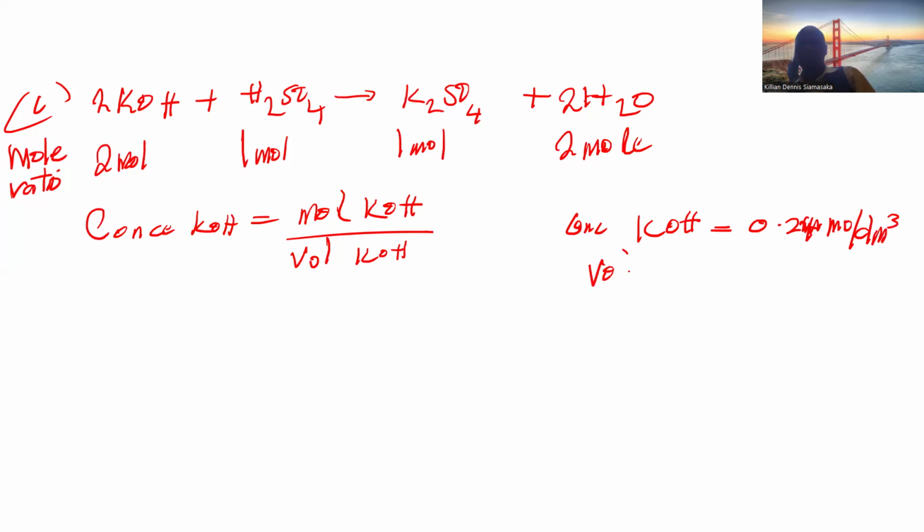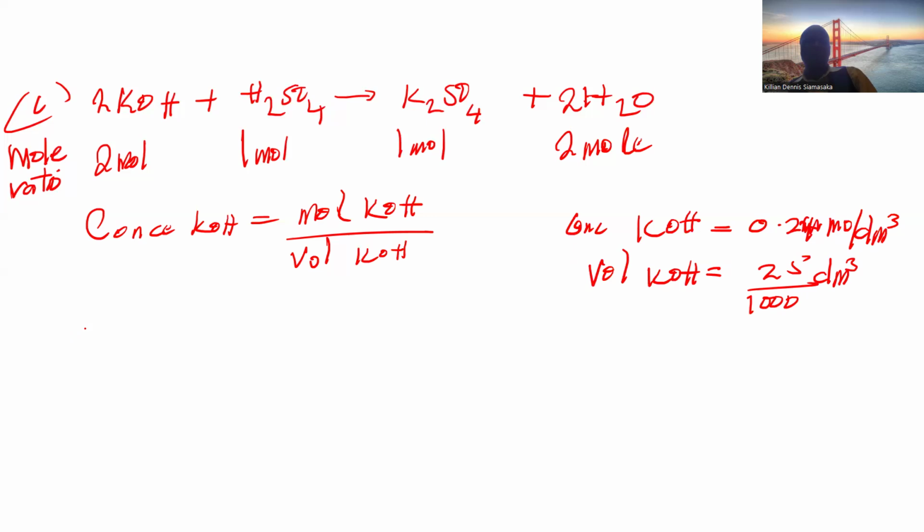And the volume of potassium hydroxide is 25 over 1,000 cubic decimeters. We have changed cubic centimeters to cubic decimeters by dividing by 1,000.